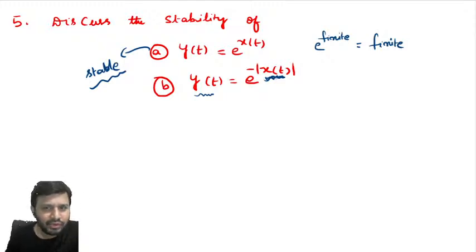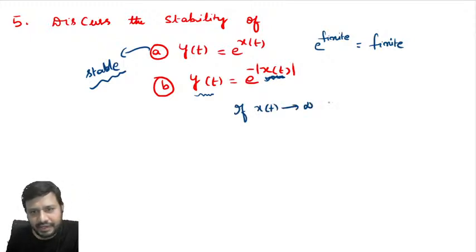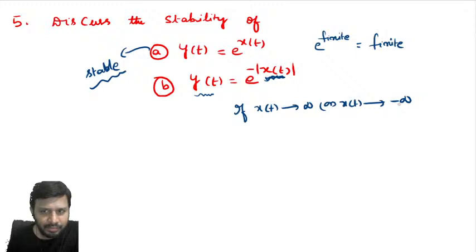If x of t is infinite or minus infinite, input is unbounded. But due to the presence of this modulus, we are going to get the output as 0 only, right?